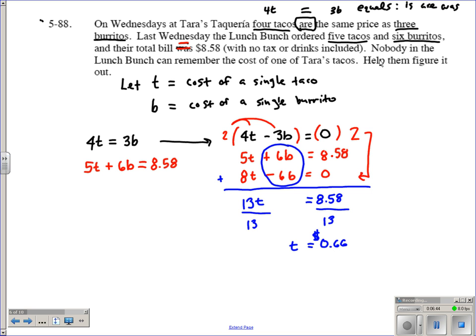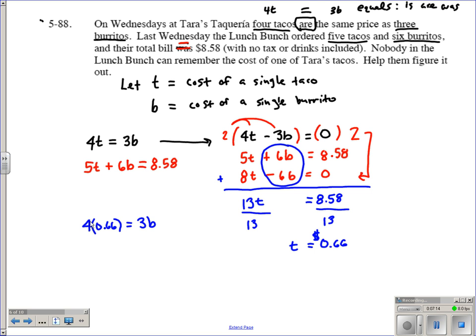That makes sense so far, but let's figure out what the cost of a burrito is so we can check our answer as well. If I take my 66 cents and plug it in for the cost of a taco, we've got 4 times 66 cents should equal the cost of 3 burritos.